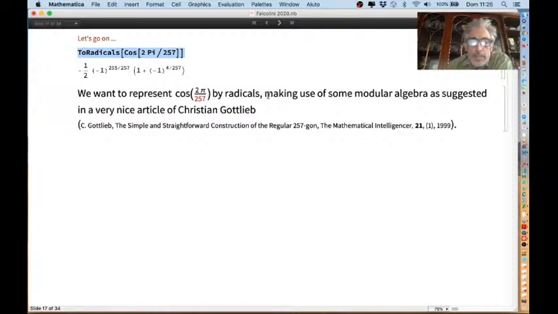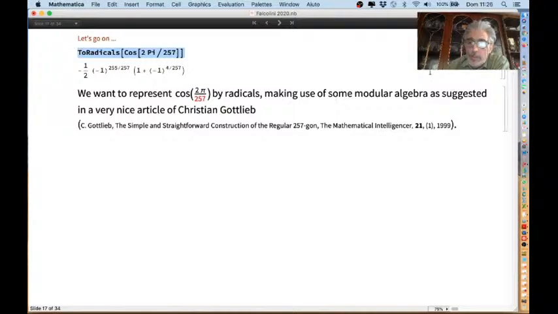Let's try to get the answer in this case using some modular algebra, as suggested in a very nice article of Christian Gottlieb in 1999. The article title was "The Simple and Straightforward Construction of the Regular Polygon with 257 sides."